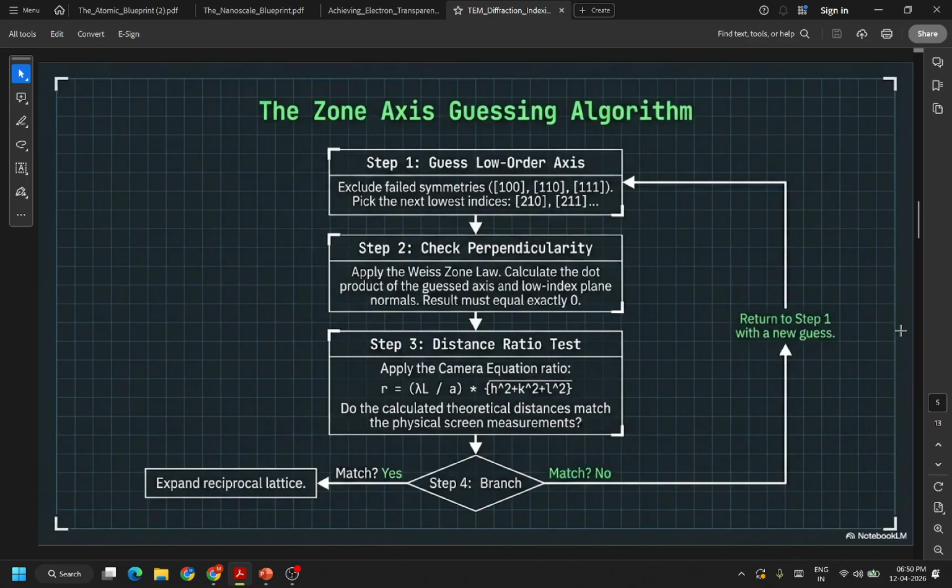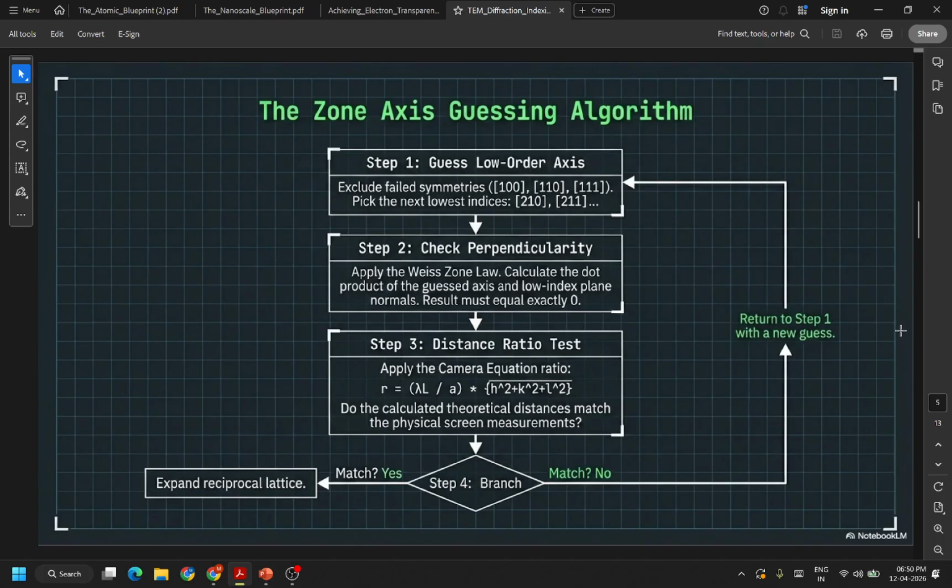So the zone axis guessing algorithm: first step is to guess a low order axis. First you exclude failed symmetries, like symmetries which cannot happen using selection rules. For FCC, hkl must be unmixed, so mixed values will be removed and unmixed will be used, and for that we use the lowest or next lowest index.